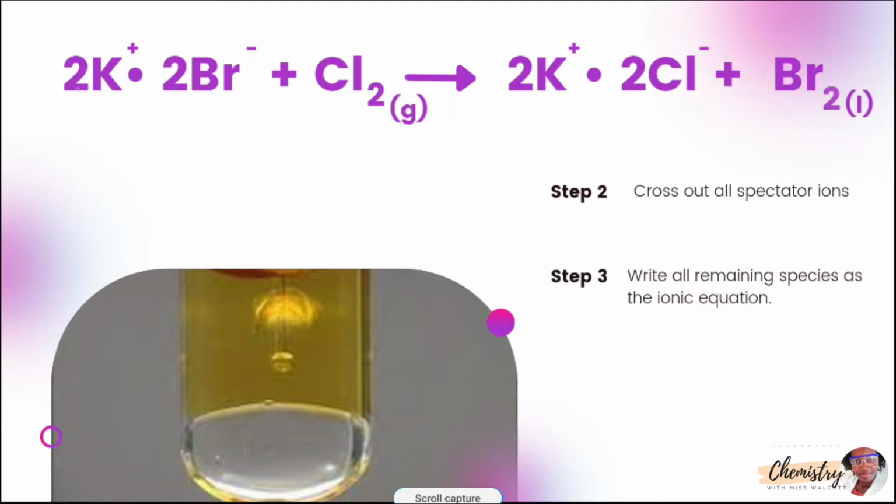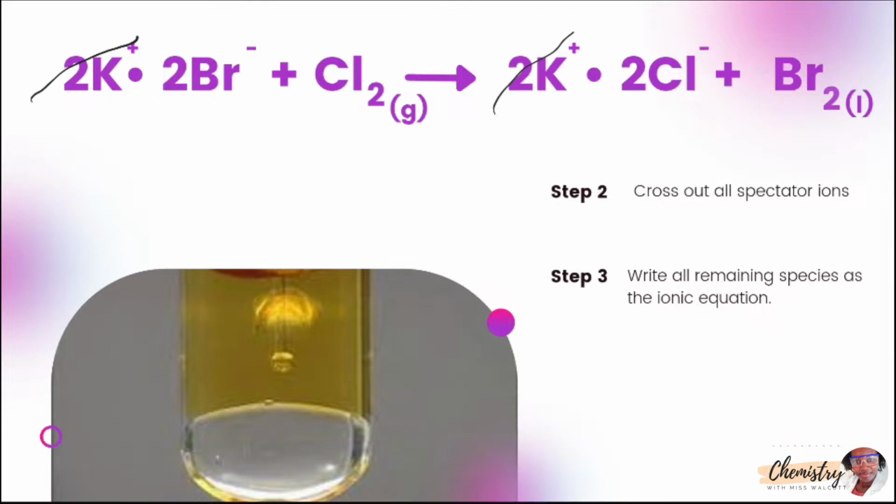If we're seeing the same thing, that means it didn't change, and that is a spectator ion, so we'll cross it out. Next, we have 2 bromide ions, so 2Br-, and we're looking on the product side to see if we see 2Br-, which we don't. We're seeing Br2, a liquid. So there was a change. It means that the bromide ion actually reacted.